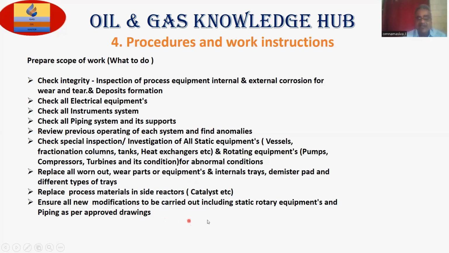Ensure all new modifications to be carried out, including static rotary equipments and piping as per approved drawings. Prior to shutdown, management may decide some MOCs, management of change, some additions. Fabrication, prefabrication activities, testing activities shall be carried out for piping or equipment, anything.